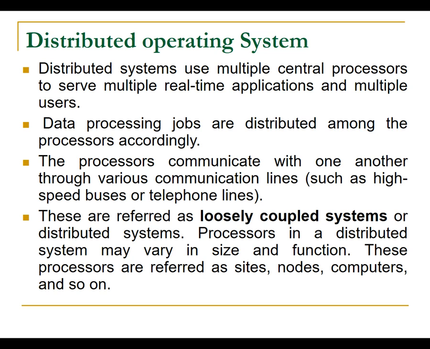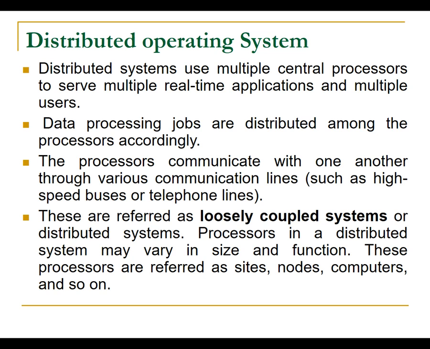Due to this, as they communicate with each other through a single communication line, it is referred to as a loosely coupled system, right? That means here there is a definition of a loosely coupled system which might be important from the university point of view. A question might be asked: what is a loosely coupled system?